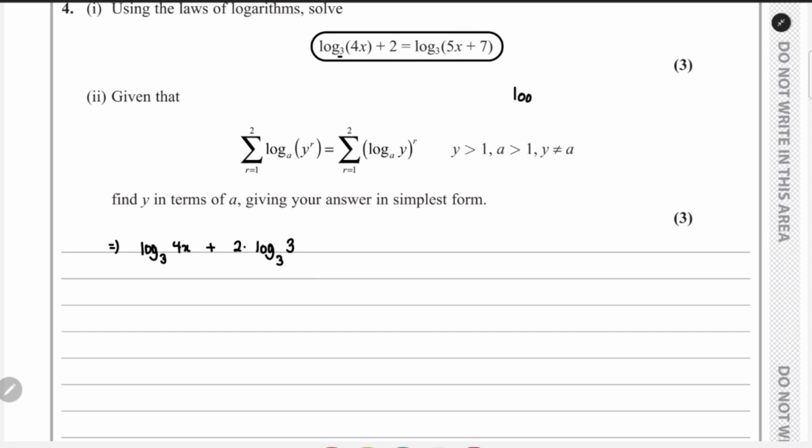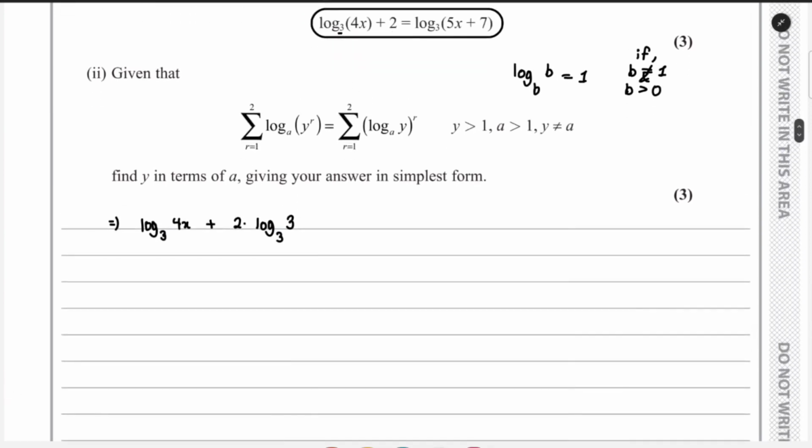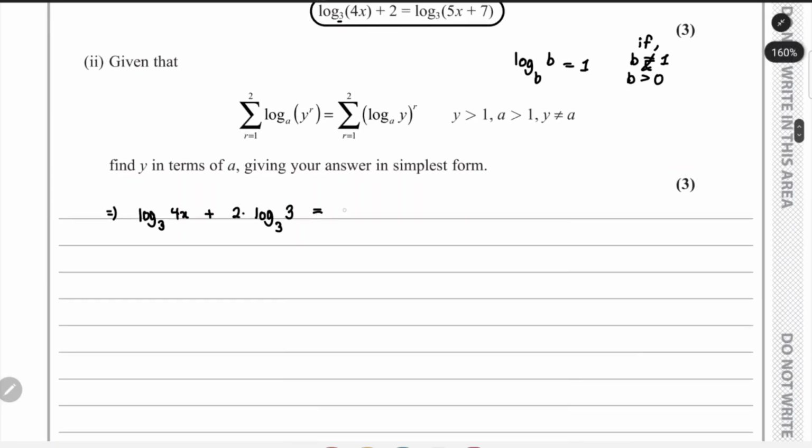We can use this because we know that if we have log b base b, it will always be equal to 1 if b is not equal to 1 and greater than 0. And on this side we have log 5x plus 7 base 3.